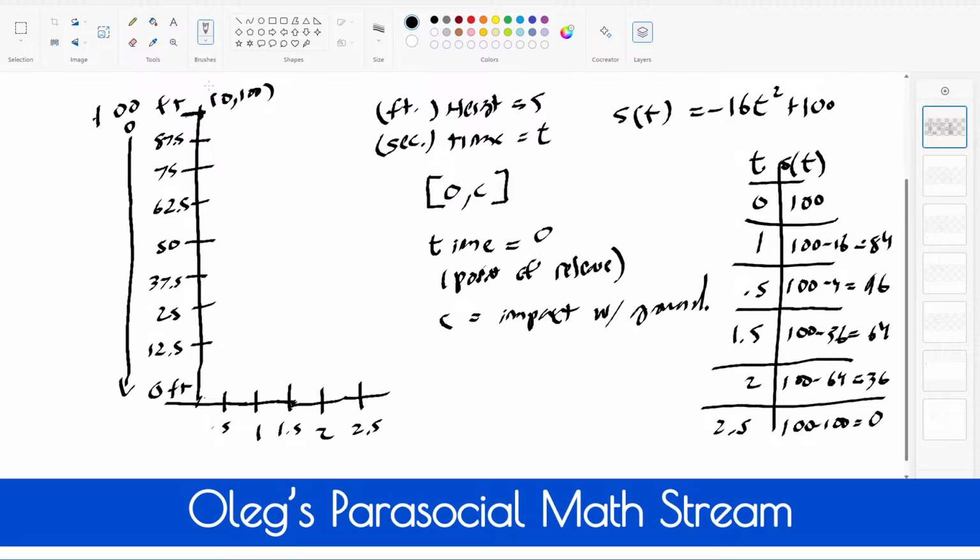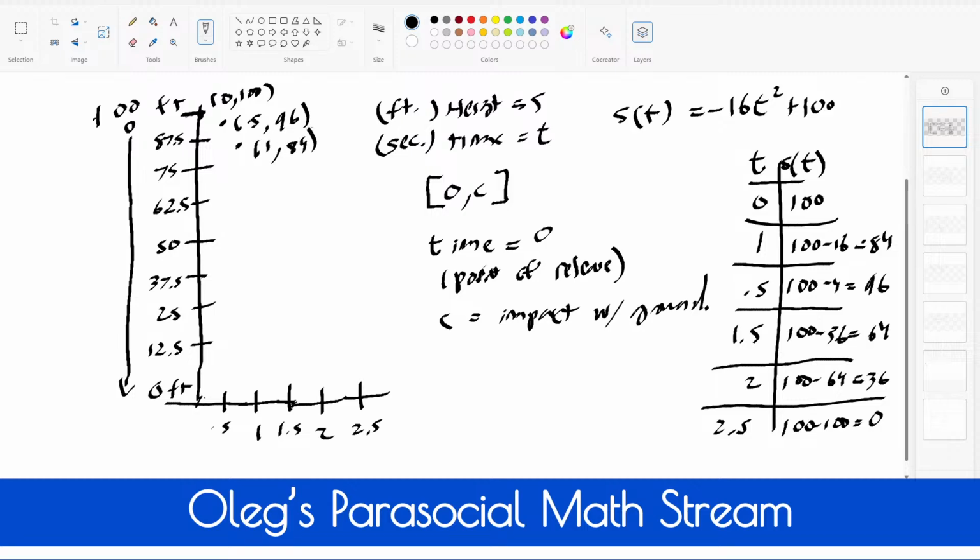So we're at 96 at 0.5. So 96 at 0.5 is going to be like maybe here. Our input was 0.5, and this is 96. All right. Our next point is going to be at 1, which is 84, which is a little below here, which is 1 and 84.